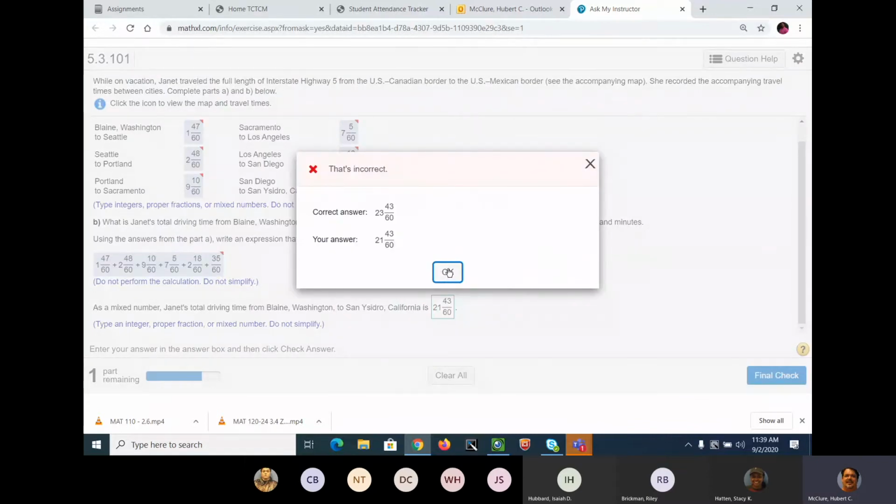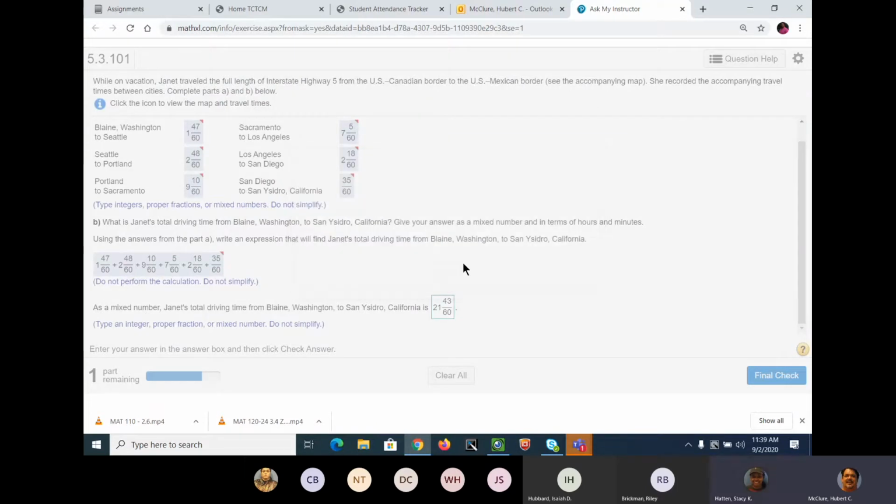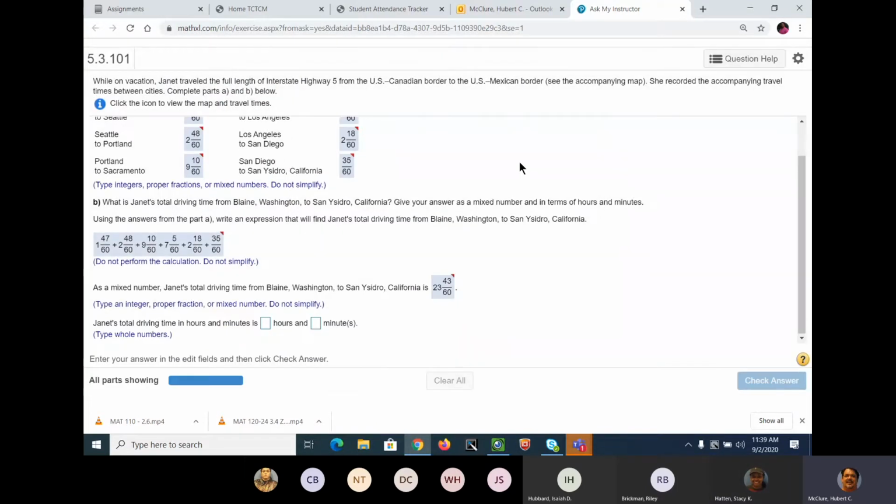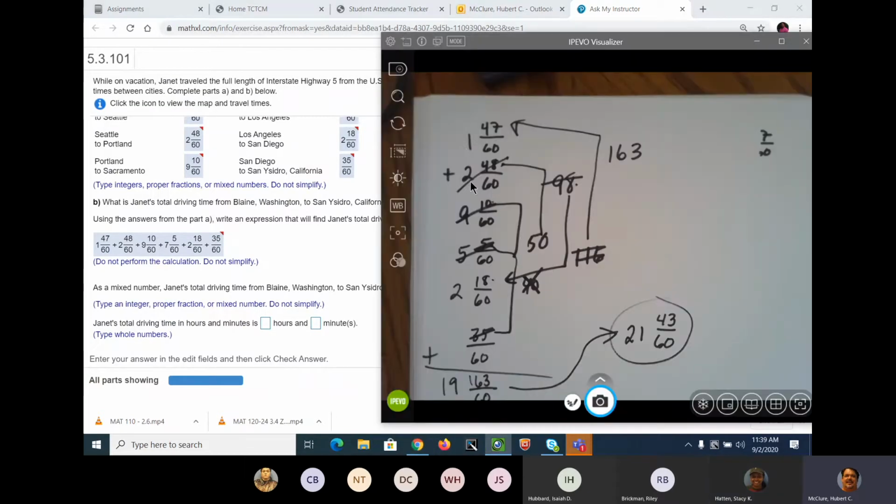I got 21. Now somebody add up the numbers and see if I messed up the numbers. Here's the numbers. 1 plus 2 is 3. 3 plus 9 is 12. Okay, I added wrong.